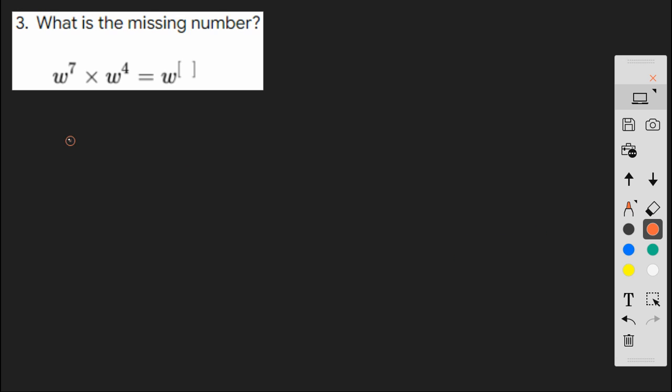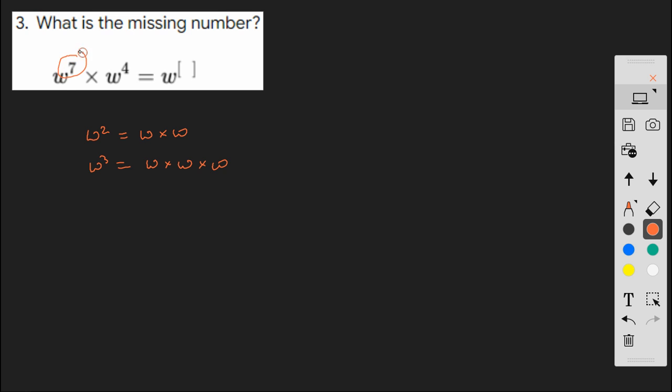Okay, well, hopefully we've remembered that w squared means w times w, w cubed, w times w times w. So essentially what we've got here is that we're multiplying by w 7 times, then we multiply by w 4 more times.